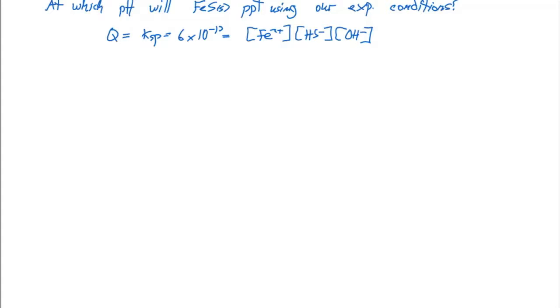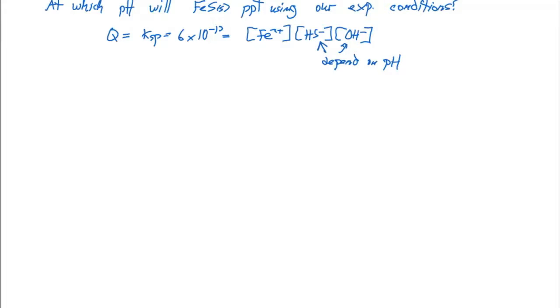Both the OH minus and the HS minus are going to depend on the pH. So each of these two concentrations right here depend on pH. And once I write out this expression, I'll show you how by increasing the pH we'll make Q larger in each case.